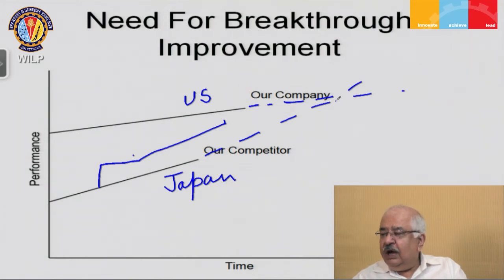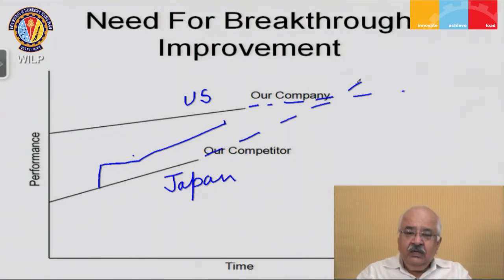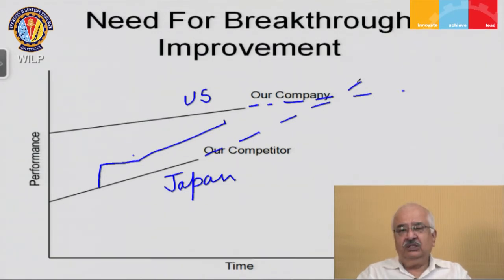And it was only after the Japanese had visibly overtaken the US auto industry somewhere towards the mid to late 70s or early 80s, that the US started to actually pay some attention and understand that they needed to do something dramatically different in order to take on the Japanese invasion, if you will, and to maintain or to protect their own domestic turf.